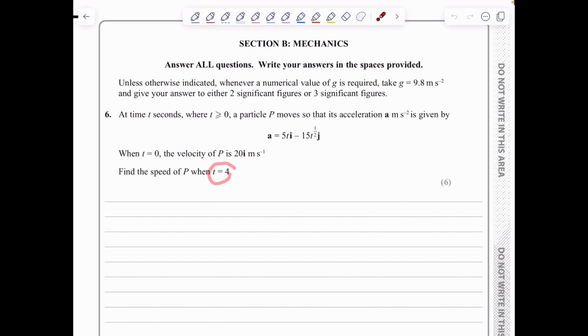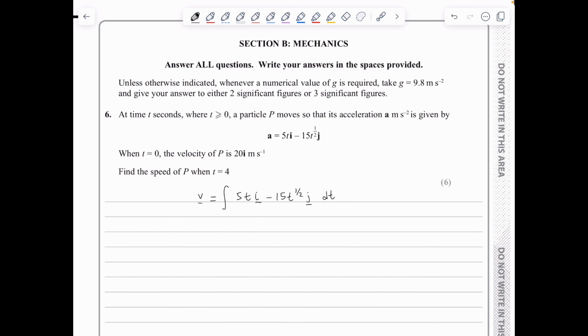Starting with the fact that we are given the acceleration, we know that we can integrate to get the velocity vector. So the velocity vector is the integral of 5ti minus 15t^(1/2)j dt. So this is two integrals, one with respect to the i component and the other with respect to the j component.